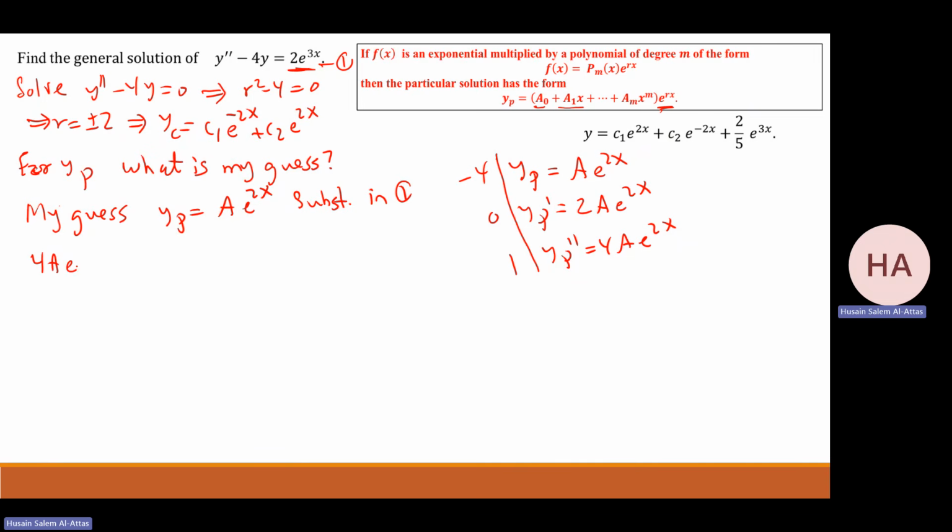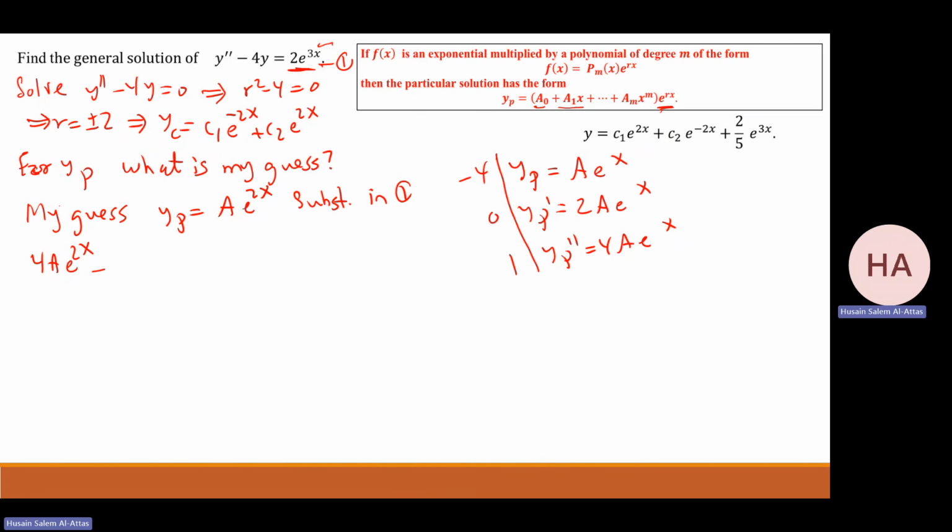9a e to the 3x minus, is it? That will be a e to the 3x. What is this? This is 3. Sorry, this is 3.